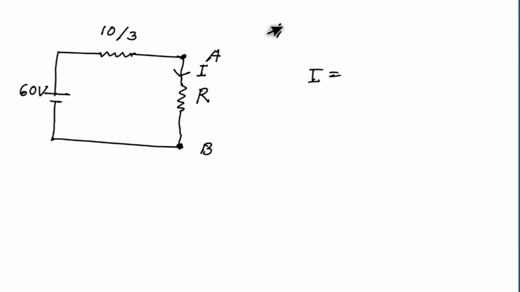So RL should be equal to REQ. In that case we will get the maximum power. So the R value should be 10 by 3 according to the maximum power transfer theorem.